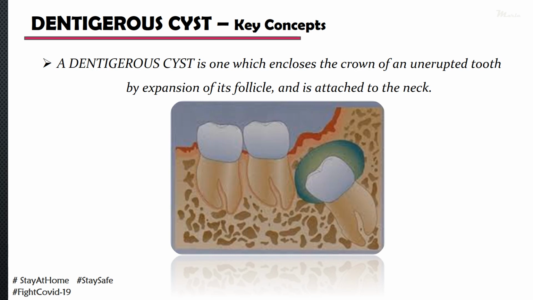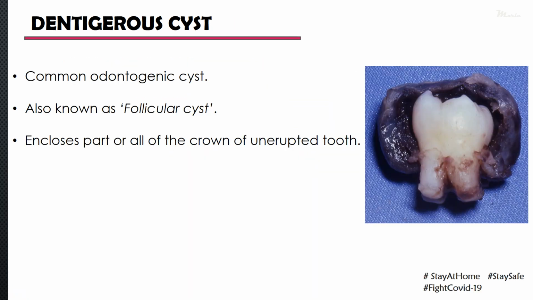So here you can see an illustration of a dentigerous cyst which is formed around the crown of an impacted tooth, and this shows a characteristic attachment to the neck of the tooth. The dentigerous cyst is a common odontogenic cyst. Sometimes these cysts are also referred to as follicular cyst.